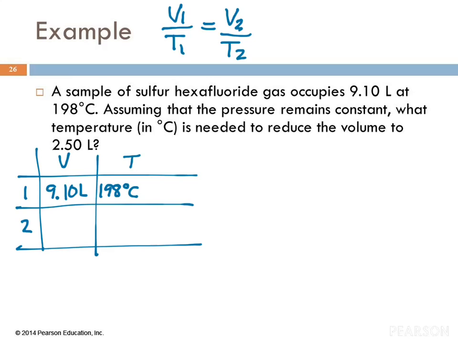So 198 plus 273.15, 471.15 Kelvin. Now, if we're thinking about significant figures, where is the uncertain digit in that one?